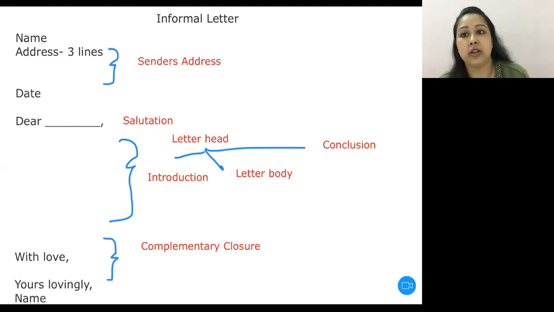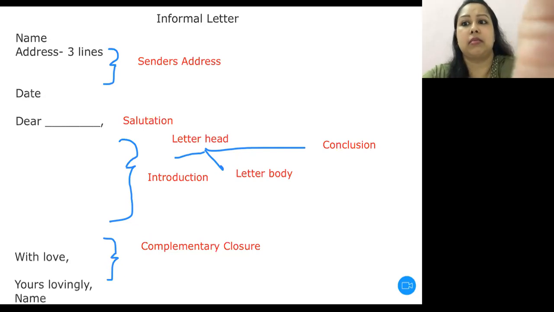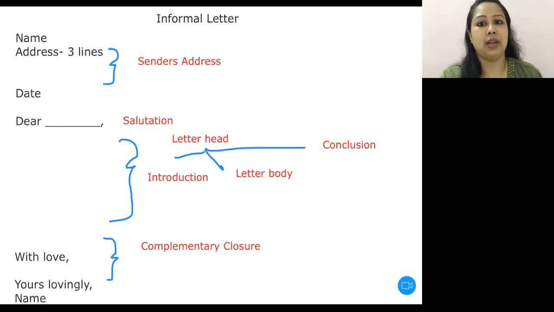You divide your letter into 3 paragraphs: introduction, letter body, conclusion, and then you have the complementary closure, where you state with love, yours lovingly, and you put down your name. Clear? For everybody, is this clear? Great. Let's also talk about a formal letter, and then we quickly discuss the questions.